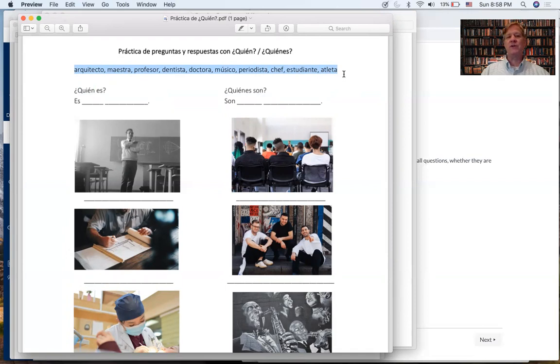So we learned, for instance, matemáticas or periodismo. Periodismo was the class, journalism. But a journalist, a person who practices journalism, is periodista. It doesn't change for masculine or feminine. Ista ending is the same for both genders.